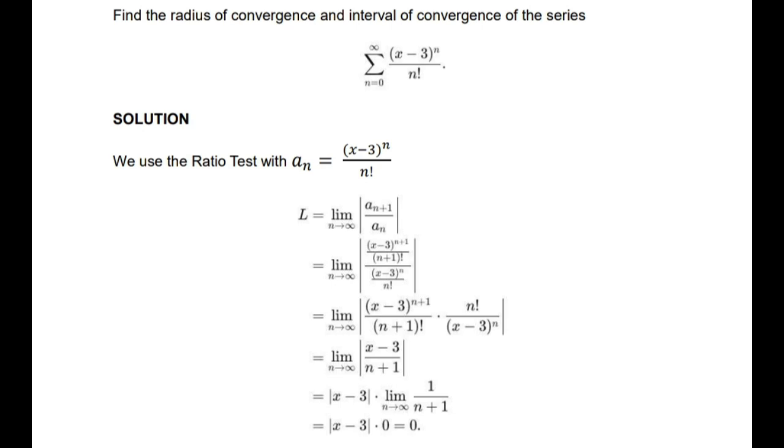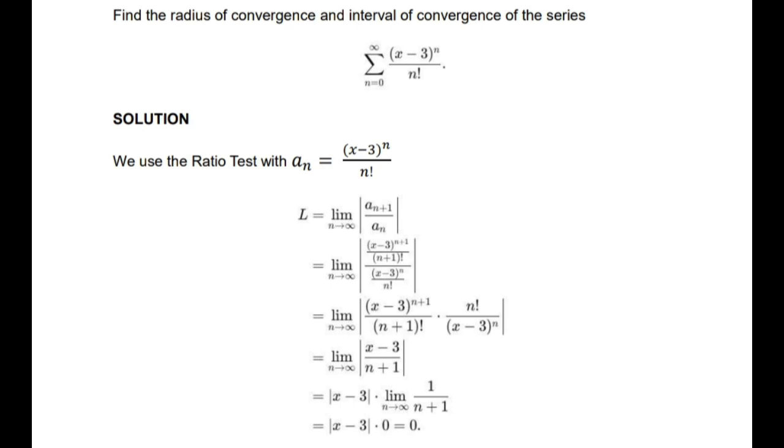So we have the absolute value of x minus 3, and we remain with the limit as n approaches infinity of 1 over n+1. Applying the limit, 1 over n+1 goes to 0. So the absolute value of x minus 3 multiplied by 0 is equal to 0, since anything multiplied by 0 becomes 0, right?